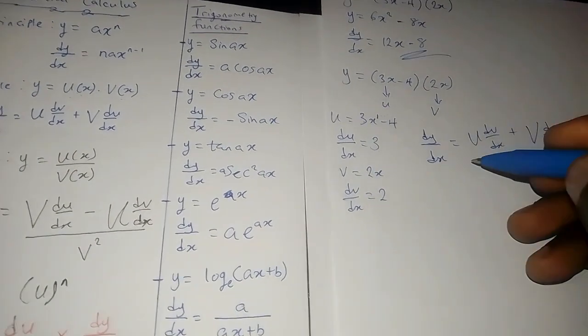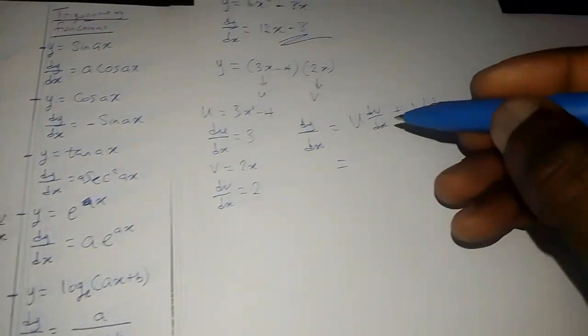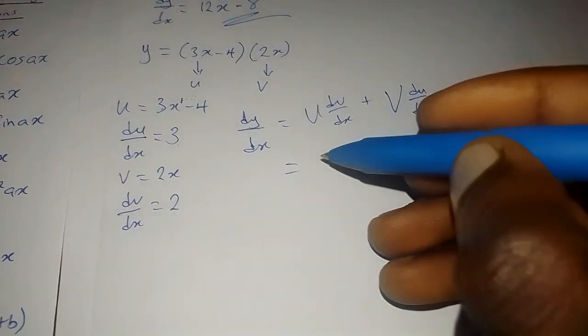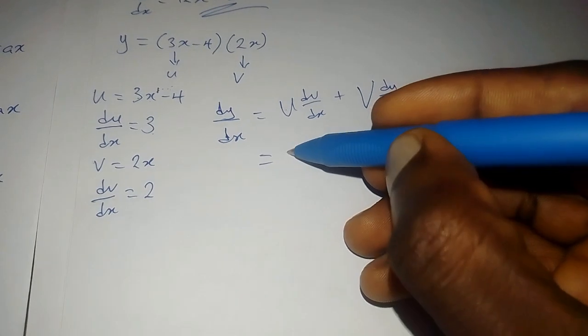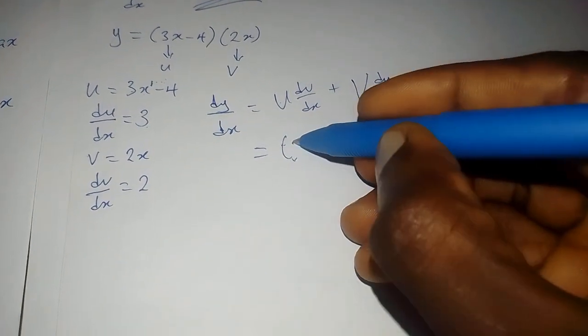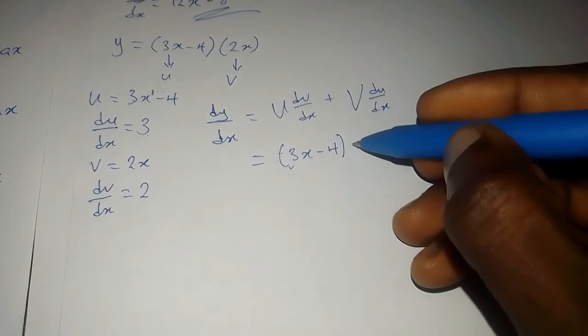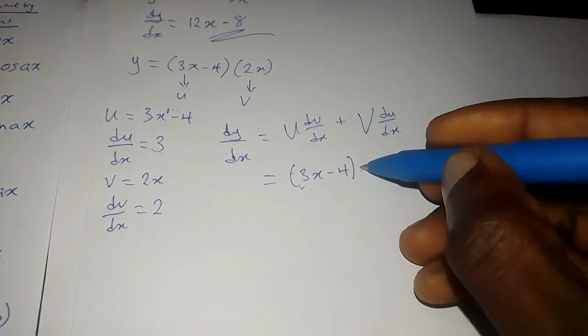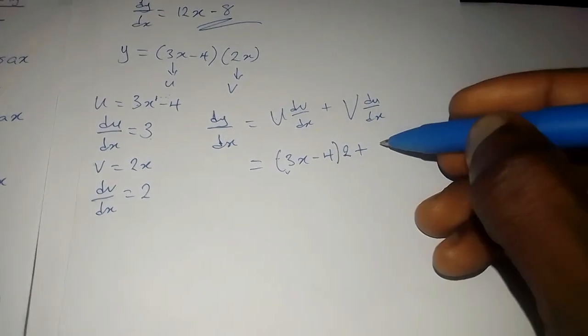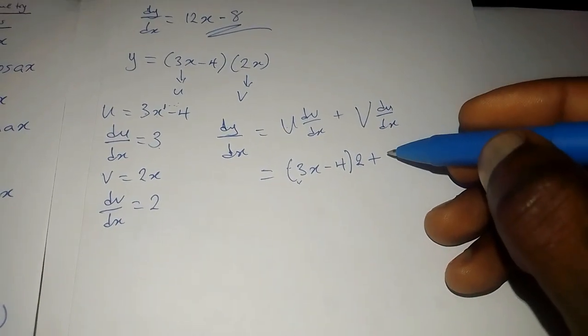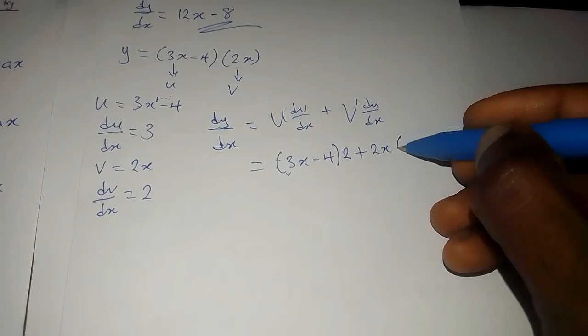So my dy dx is then equal to, calling for my u, what's my u? u is 3x minus 4, in brackets, multiplied by dv dx, which is 2, plus my v, which is 2x, multiplied by du dx.